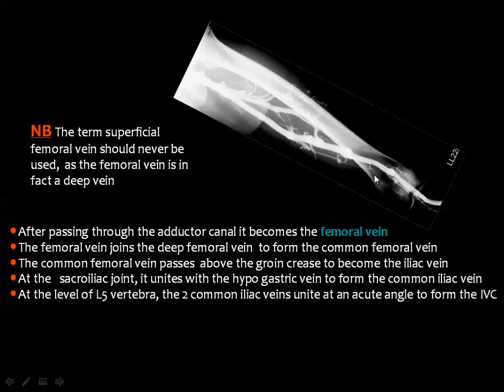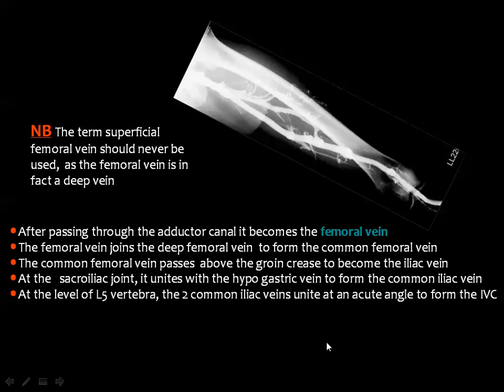And here is the popliteal vein, and this is the femoral vein going to the external iliac. And after passing the adductor canal, it becomes the femoral vein, and the femoral vein will join the deep femoral vein, which corresponds to the profunda femoris artery, to form the common femoral vein.